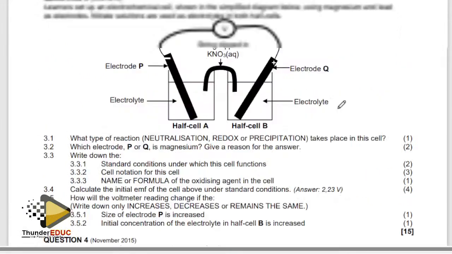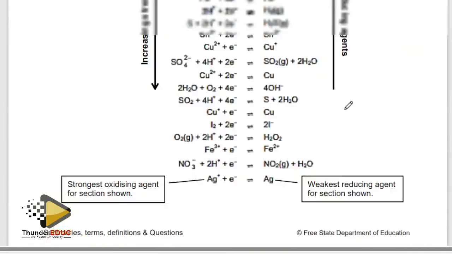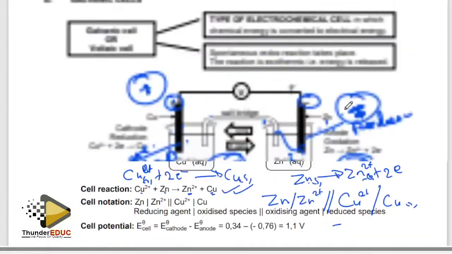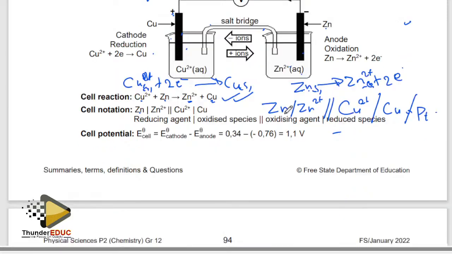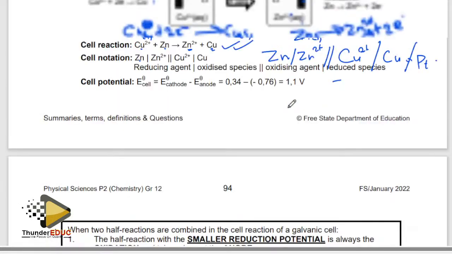So it means that if it was a gas, then I have to put this in brackets like that, or I just have to slash it, and then I put, for example, platinum, which shows that this one is reacting. For example, if this was hydrogen ions, and then hydrogen gas, and then platinum. You see? Yes, that's how you can do the cell notation.